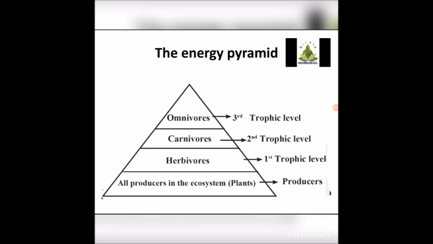The initial quantity of energy goes on decreasing at each level of energy exchange, and the number of organisms also decreases from the lowest to the highest level. This pattern of energy exchange in an ecosystem is known as an energy pyramid.